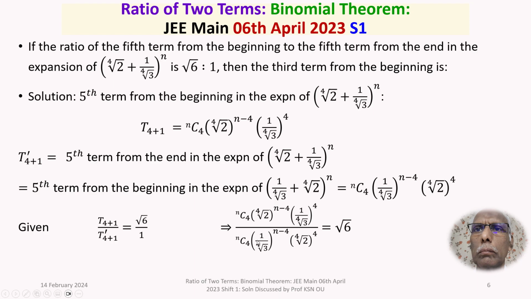Simply substituting these values, nC4 into fourth root of 2 to the power of n minus 4 into 1 by fourth root of 3 to the power of 4, divided by nC4 into 1 by fourth root of 3 to the power of n minus 4 into fourth root of 2 to the power of 4, is equal to root 6. nC4 cancels, and we work out the value of n. That is what we do in the next slide.